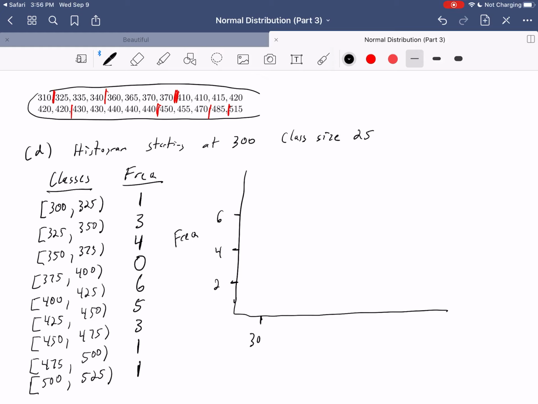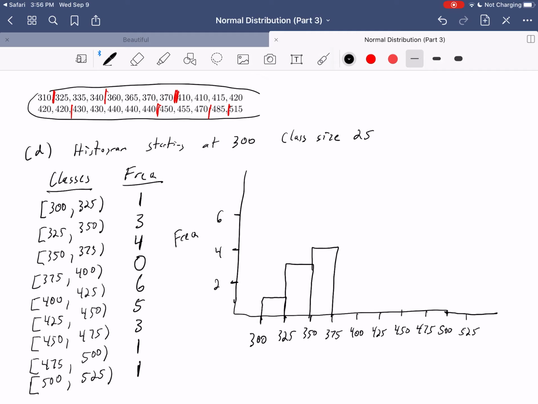We'll start the 300 there, and then we'll label by the ends of our interval, 350, 375, 400, 425, 450, 475. We'll need a little bit more, 500, and 525. So we have a frequency of 1, then we have a frequency of 3, then a frequency of 4, then we have a 0 frequency, so that would just be down here.